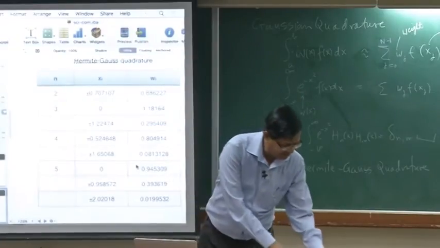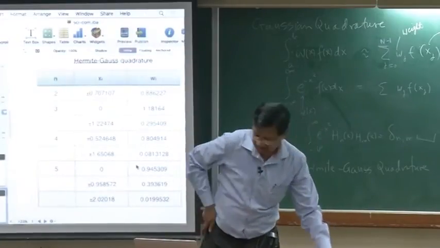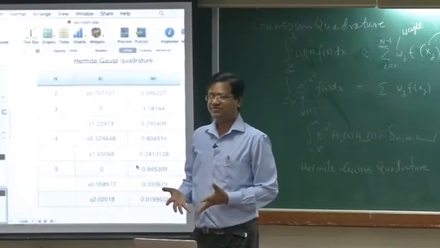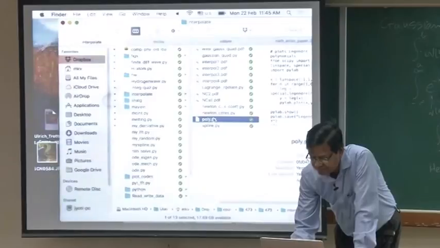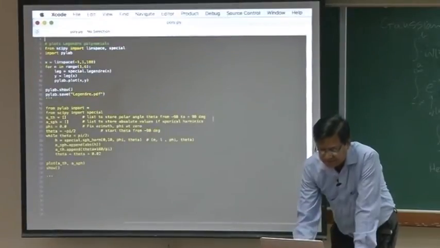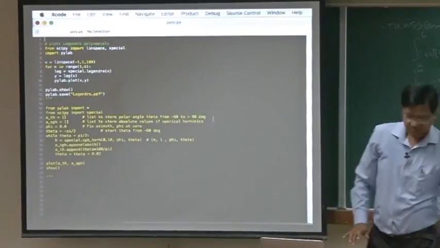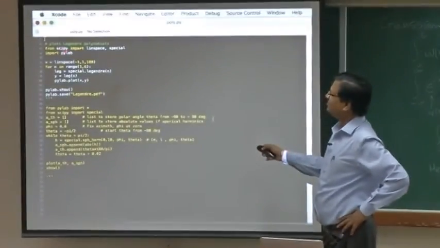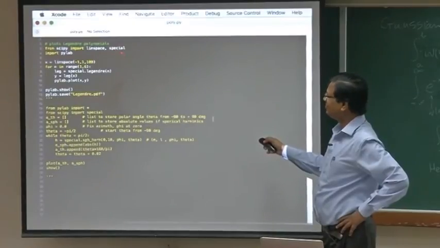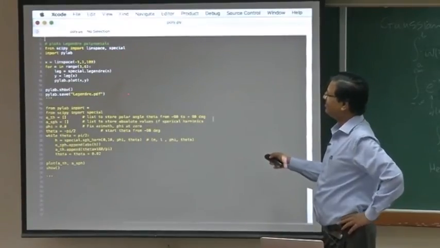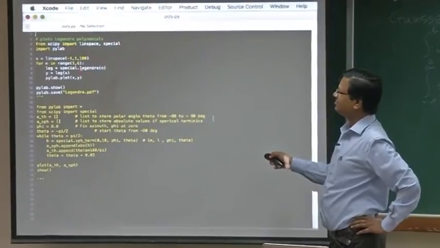So I have a bit of time, so let me also show you how to use a special function. So you have to import from SciPy special. Okay. So this is what you need to import, special. Now this for Legendre.